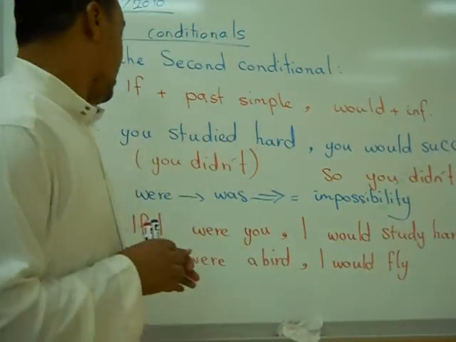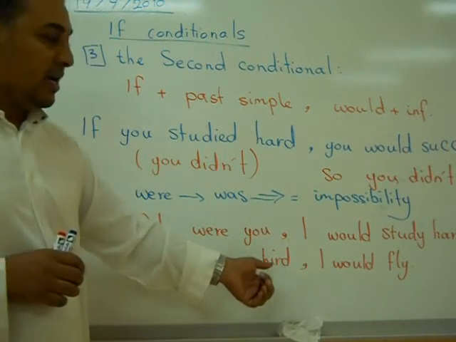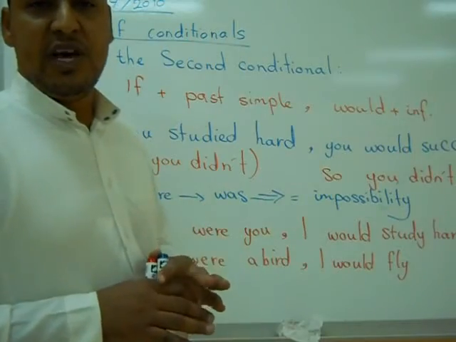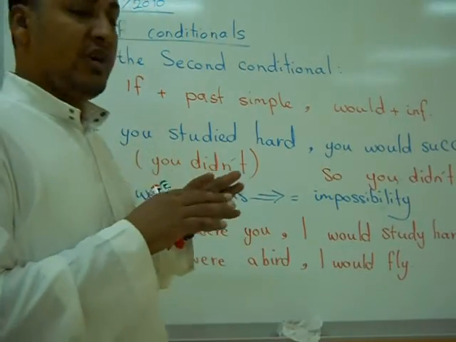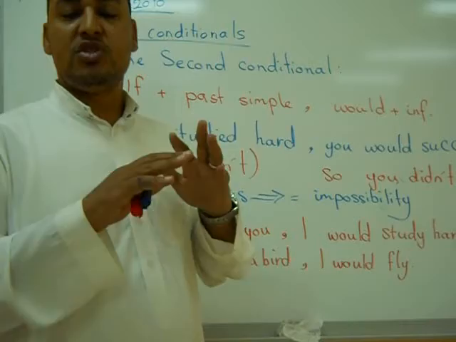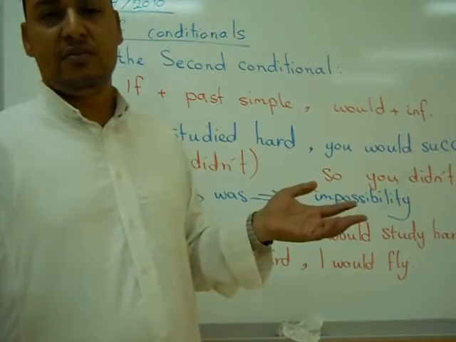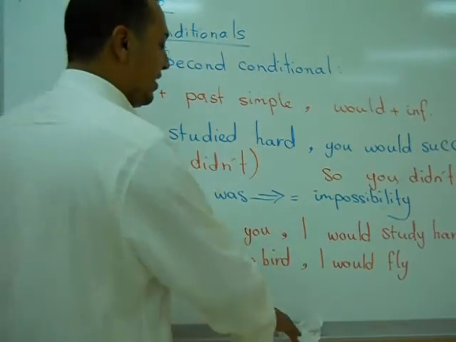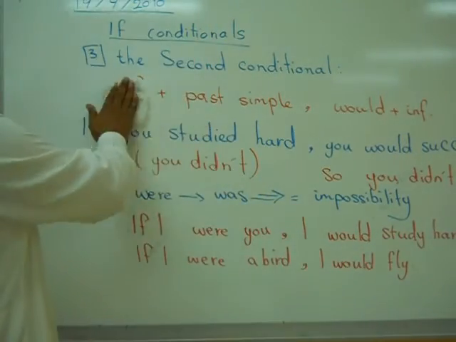Okay? If I were a bird, I would fly, but I'm not a bird at all and won't be a bird anyway, because we are too different from each other, okay? So, let's come to the third conditional for number 4.